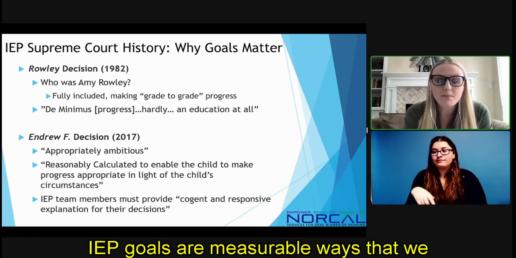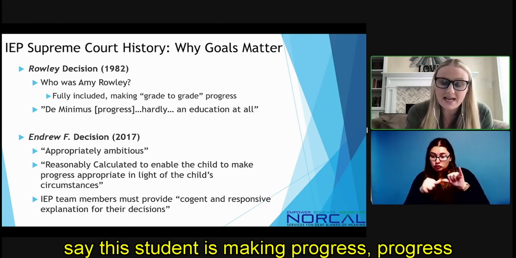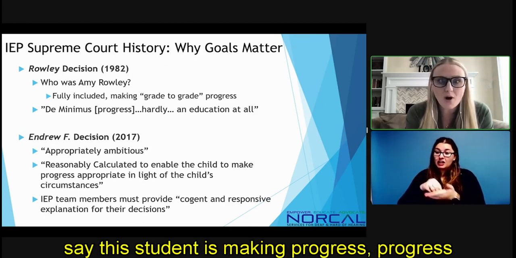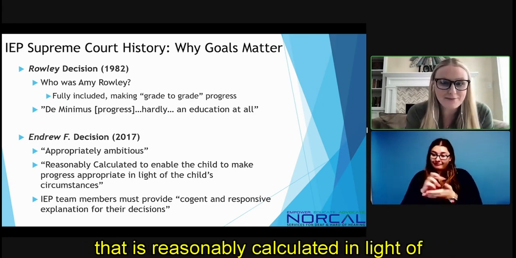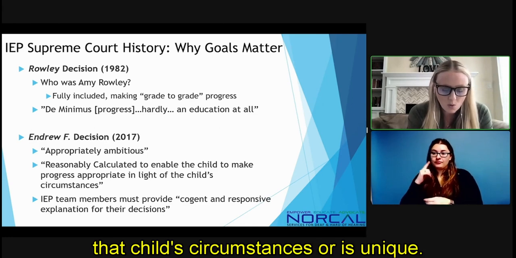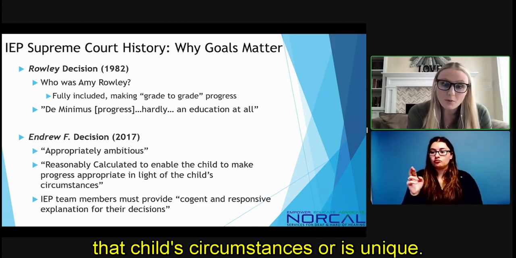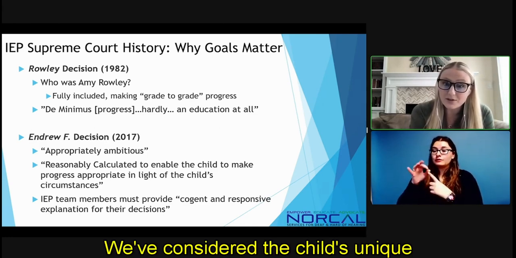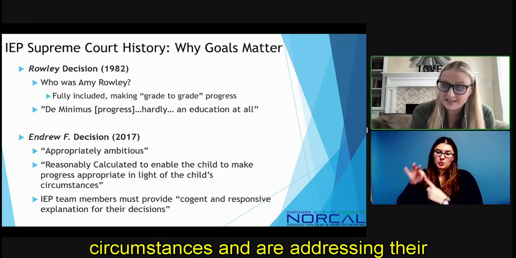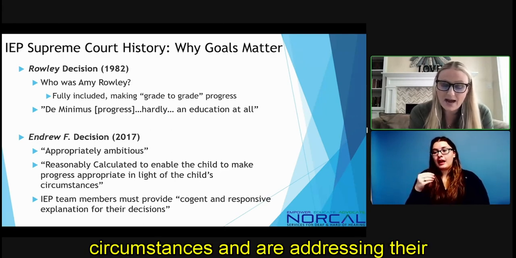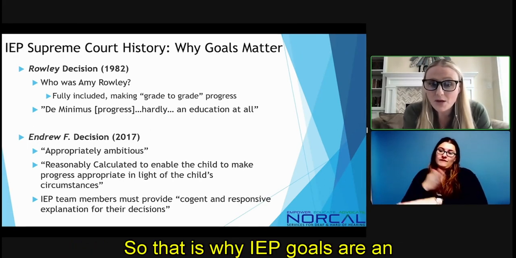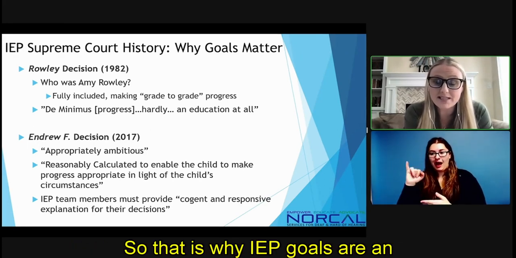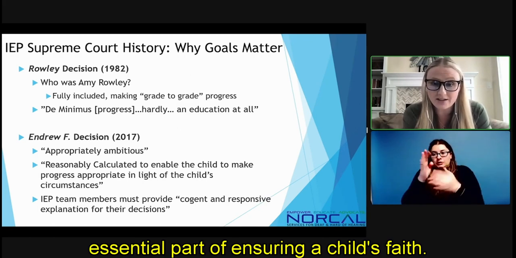IEP goals are measurable ways that we say this student is making progress that is reasonably calculated in light of that child's circumstances or is unique. We've considered the child's unique circumstances and are addressing their academic and functional advancement needs. So that is why IEP goals are an essential part of ensuring a child's FAPE.